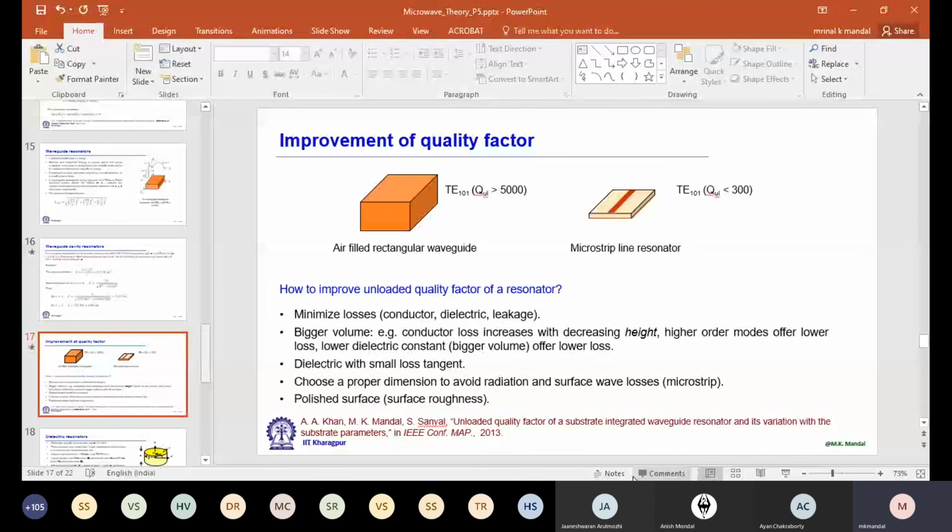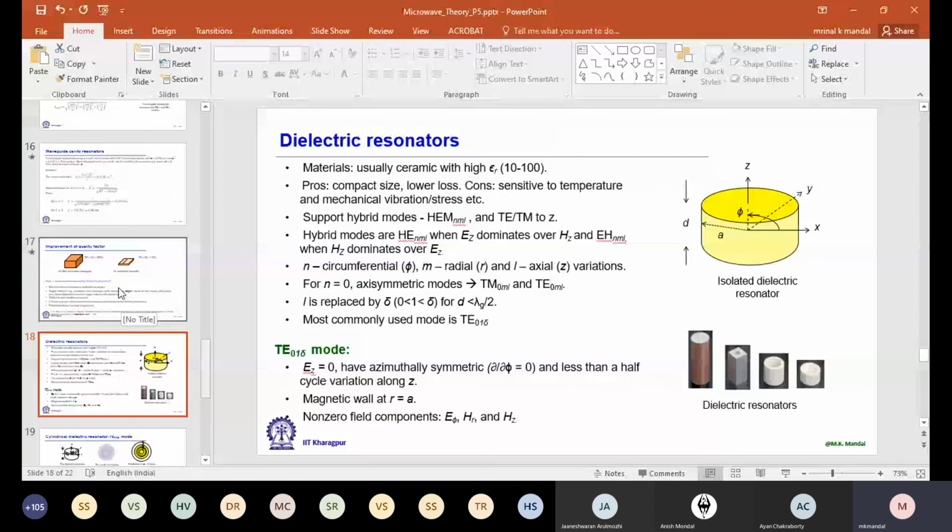When the surface roughness, typically its RMS value, is comparable to skin depth, then suddenly loss increases. So keep it as smooth as possible to have higher unloaded quality factor. Next part is dielectric. Tomorrow we'll discuss this in short.